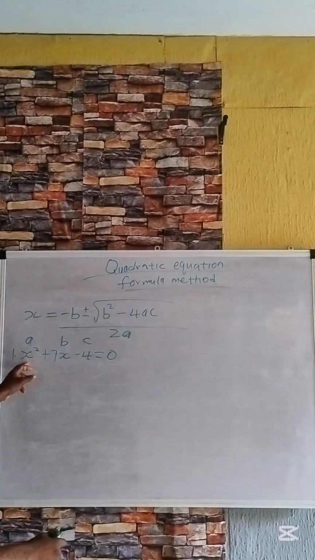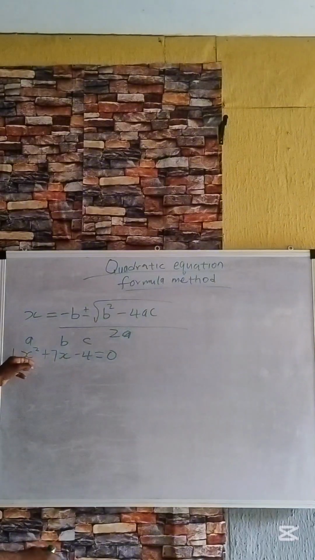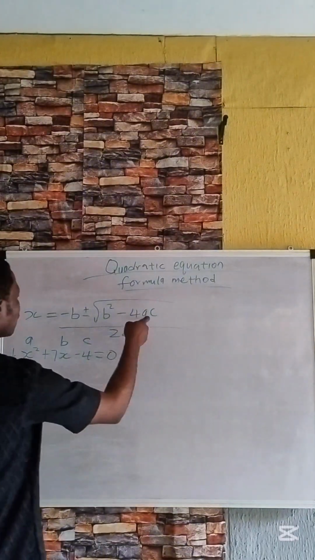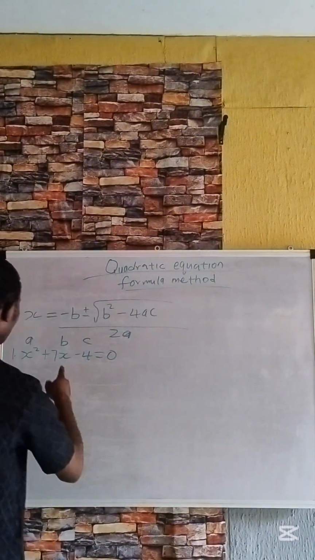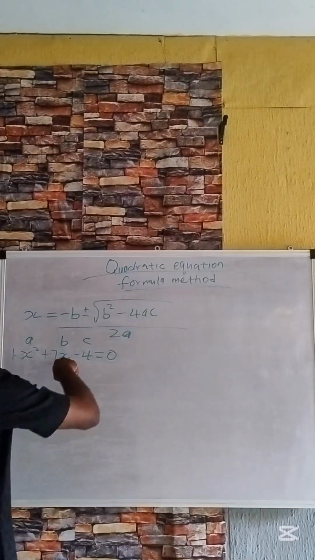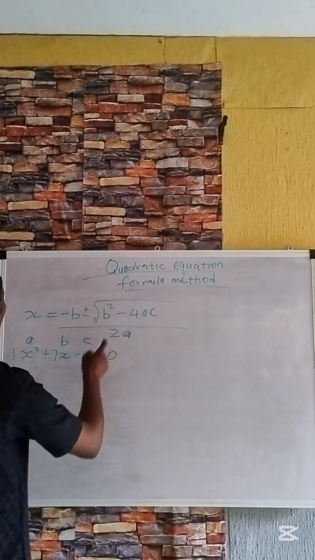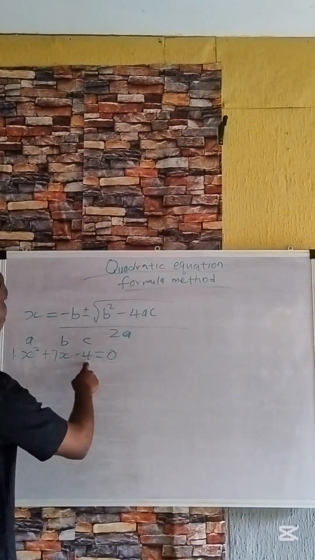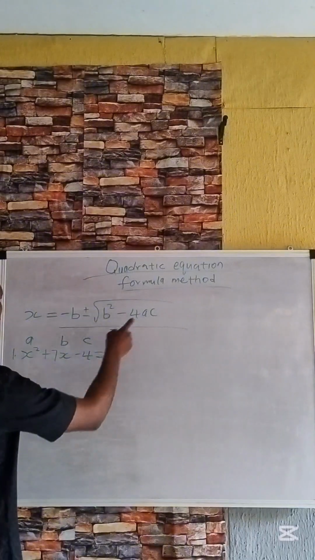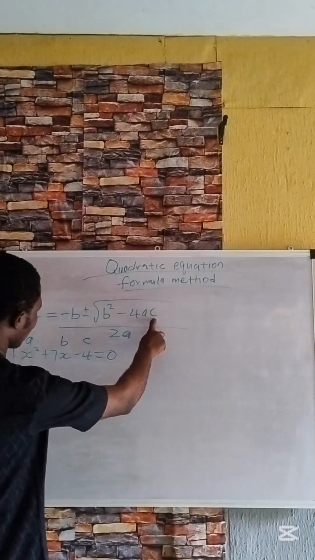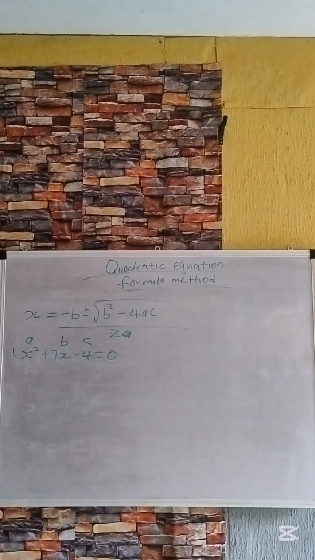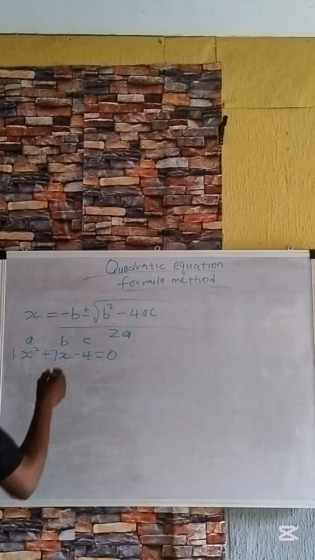The coefficient of x squared will be inserted into this formula wherever you find A. The coefficient of x will be inserted wherever you find B, and this constant minus 4 will be inserted wherever you find C.